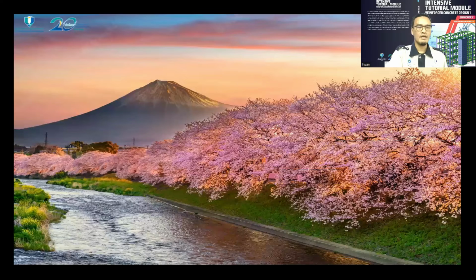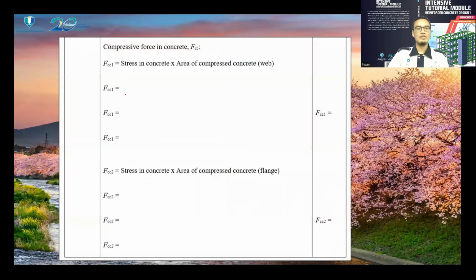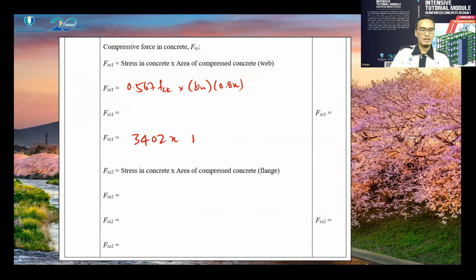Next, we have the FCC1, so it's equal to 0.567 fck multiplied by b web and 0.8x. So what is the value here? 3402x, units Newton. How about the FCC2?